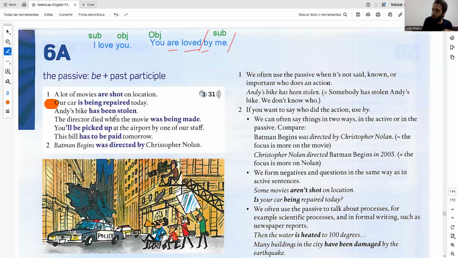No, someone is repairing the car, but we don't know who, or it's not important for my message. The mechanic is fixing the car, or your parents, your friend, not important. But the car is not fixing, the car is not repairing. The car is being repaired today.